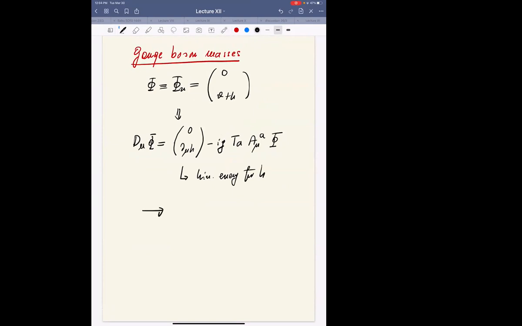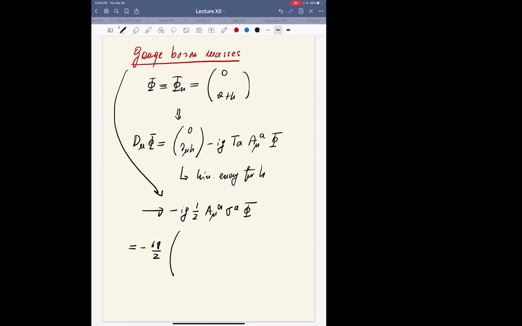What I'm interested in is the gauge boson masses and interactions. So I will just go into this term, minus i g over 2, A mu a sigma a times phi. So let's be explicit. This is minus i g over 2. Then sigma 1 and sigma 2 are off diagonal, so I will get the upper component.